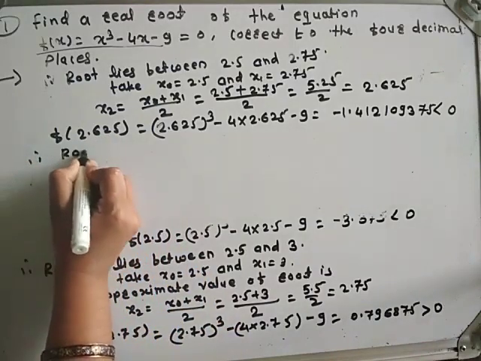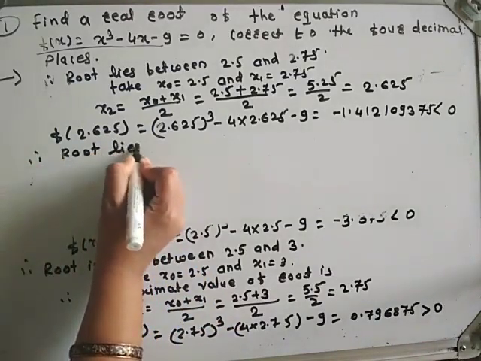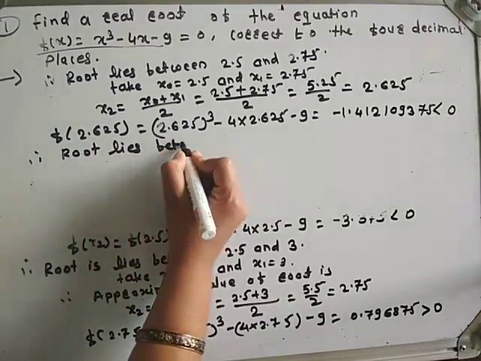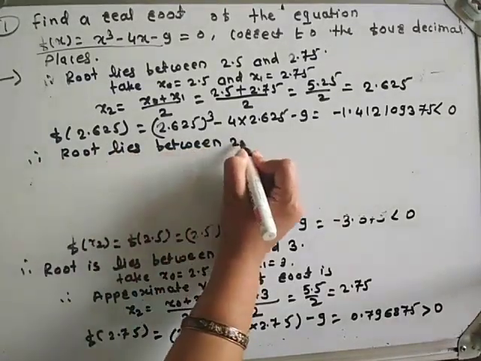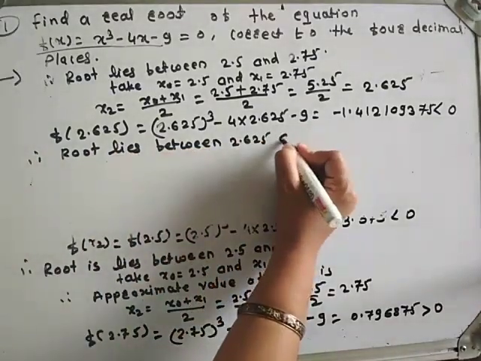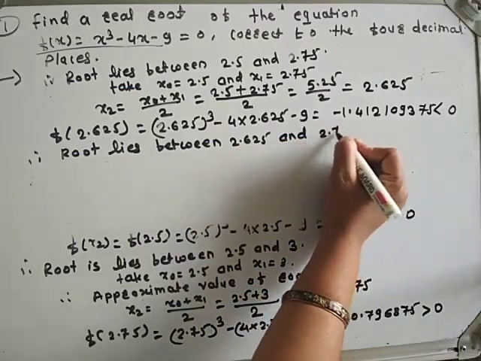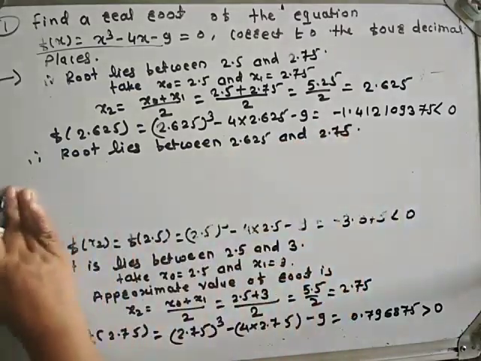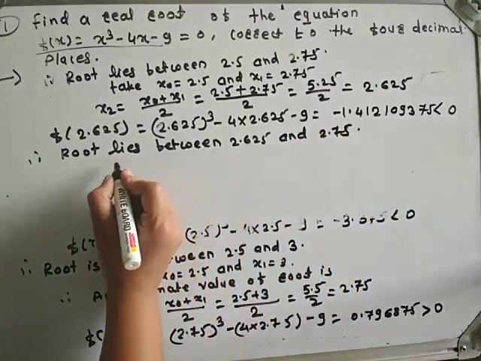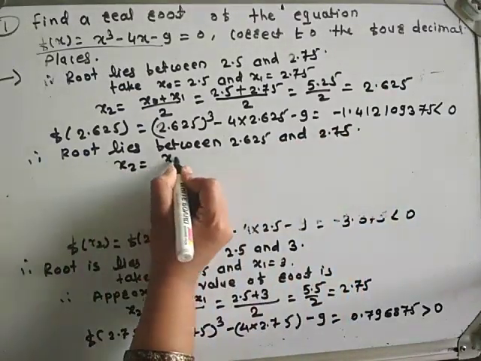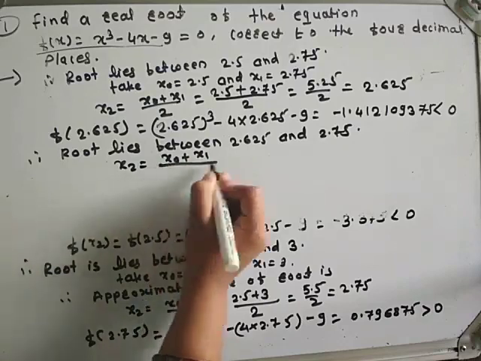Therefore, the root lies between 2.625 and 2.75. Therefore, the approximate value of the root is x2, which is equal to (x0 plus x1) upon 2.